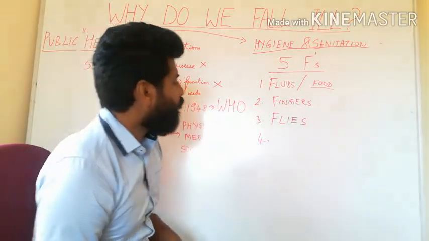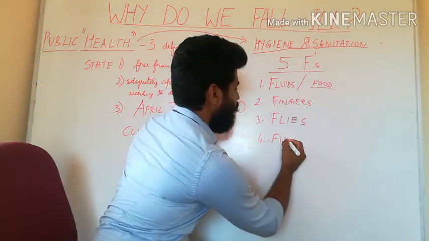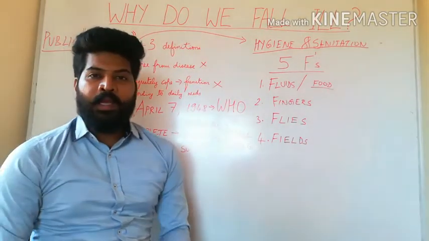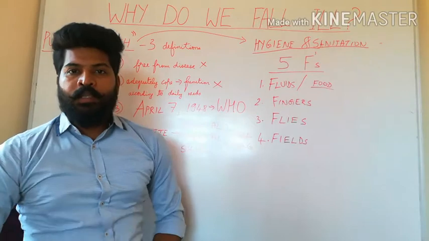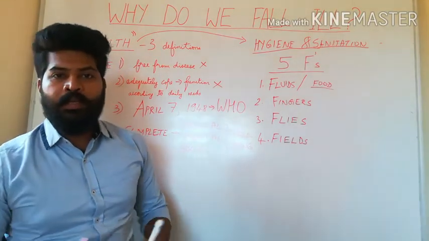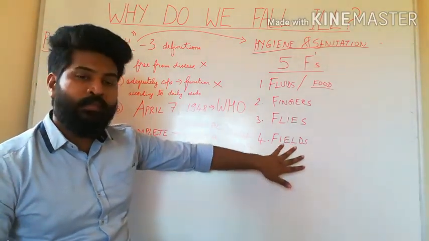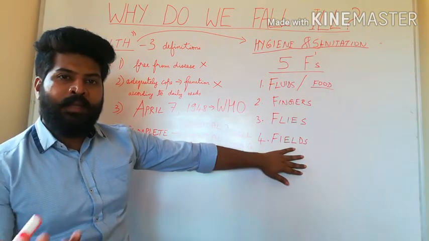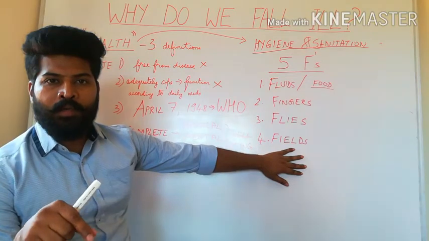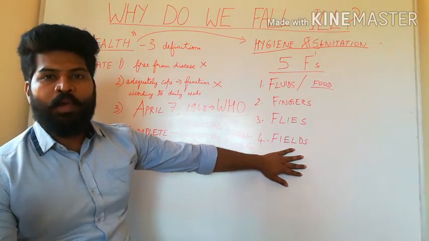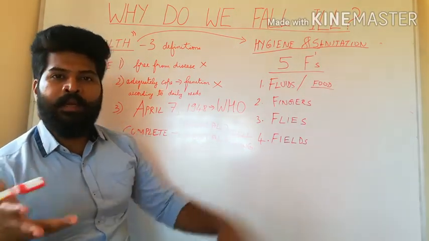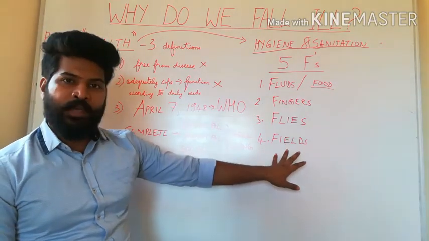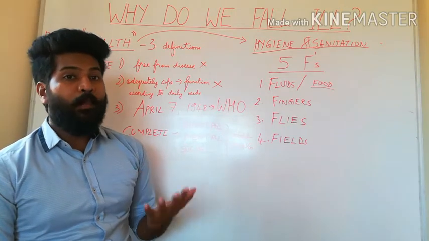The fourth F is fields. This is the area where we cultivate all our crops, the crops that we consume like wheat, rice, etc. Now, if these fields get polluted water, contaminated with toxins like cadmium, mercury, lead, etc., and we consume the crops grown in such fields, it can cause biomagnification.